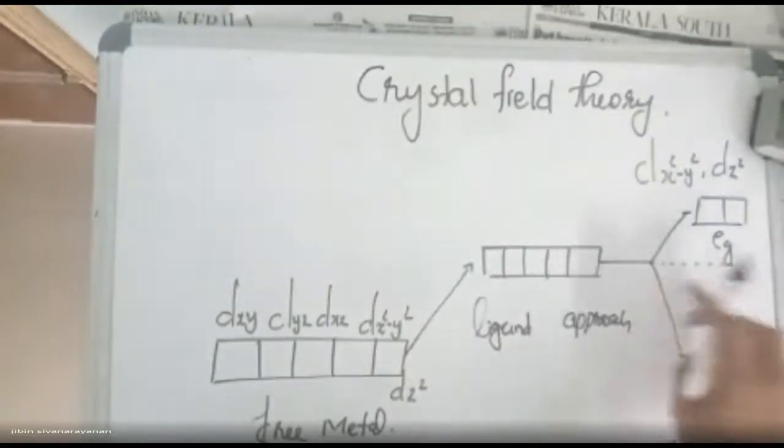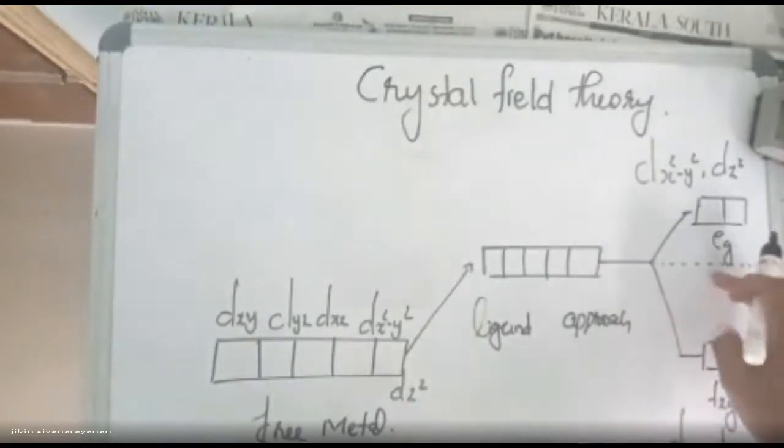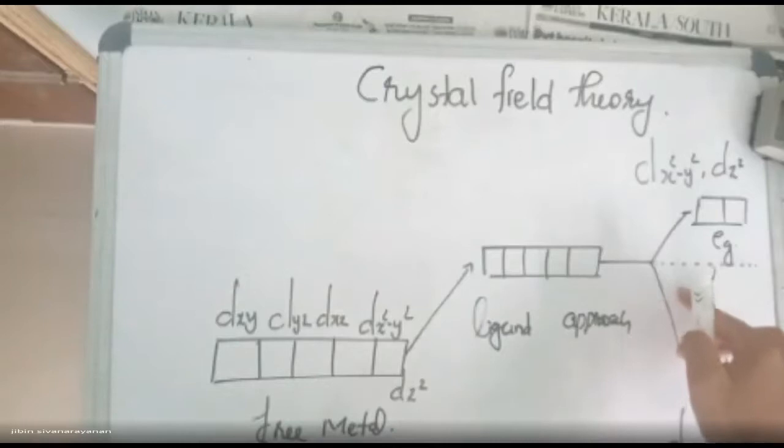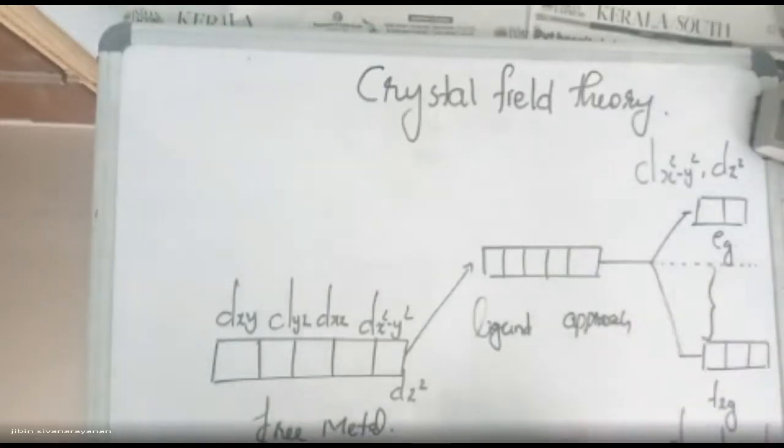This is the barycenter. From this line, these three orbitals are lower than the barycenter, which means they are that much stabilized. The value would be minus 2 by 5 delta O, which is around 0.4.